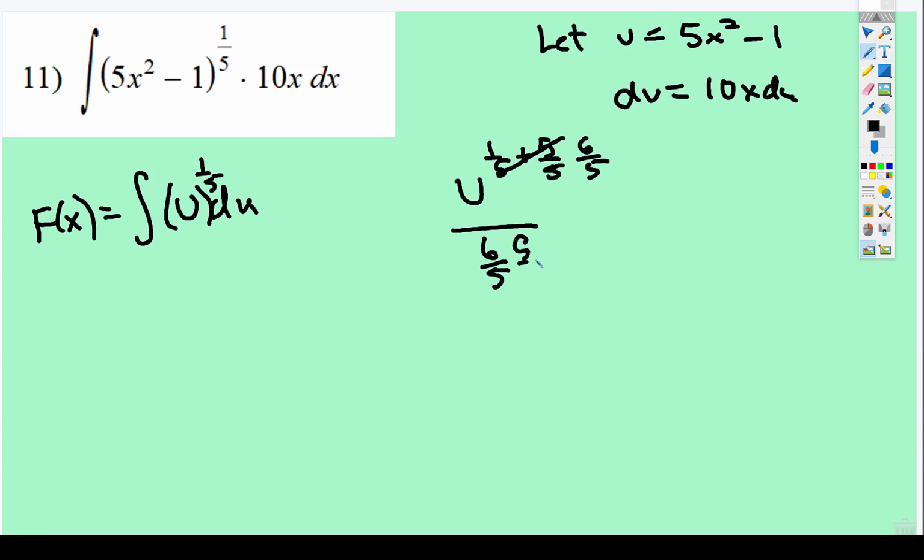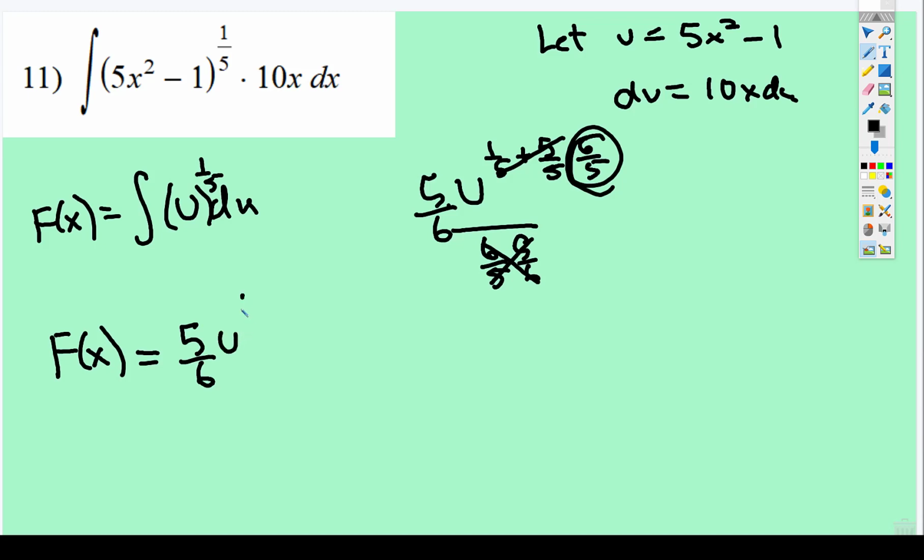So we'll multiply by the reciprocal. So notice the exponent 6/5 out front becomes 5 over 6, the reciprocal of that. So F of x ends up being 5 over 6 u to the, whoops, but I don't want it to say u, I want it to say parentheses, to the 6/5 plus uppercase C, and then we just insert what the u was.